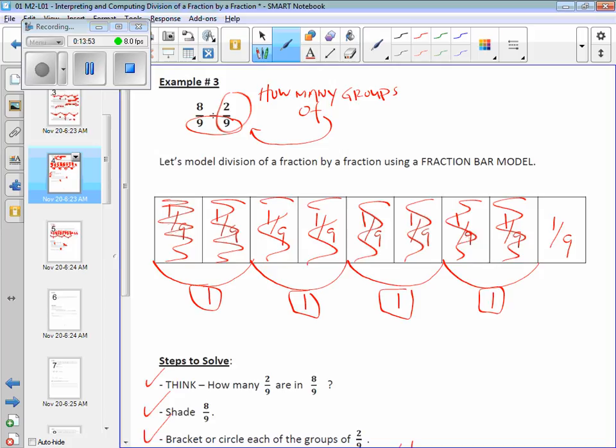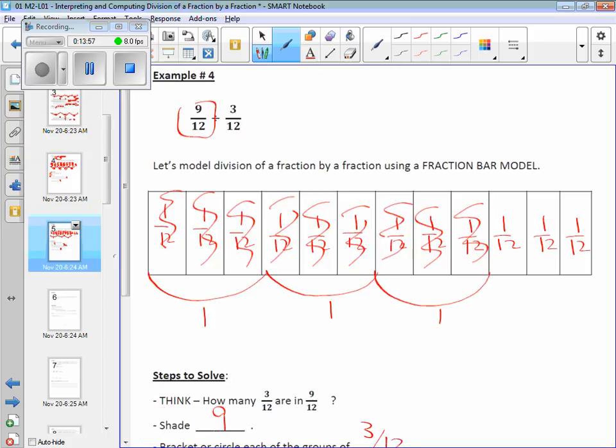Not 4/9, 4. Same thing here. As long as the denominators are the same, if I take the numerators, 9 divided by 3, I get the answer. There are 3 groups. Okay? 3 groups of 3/12 in 9/12.